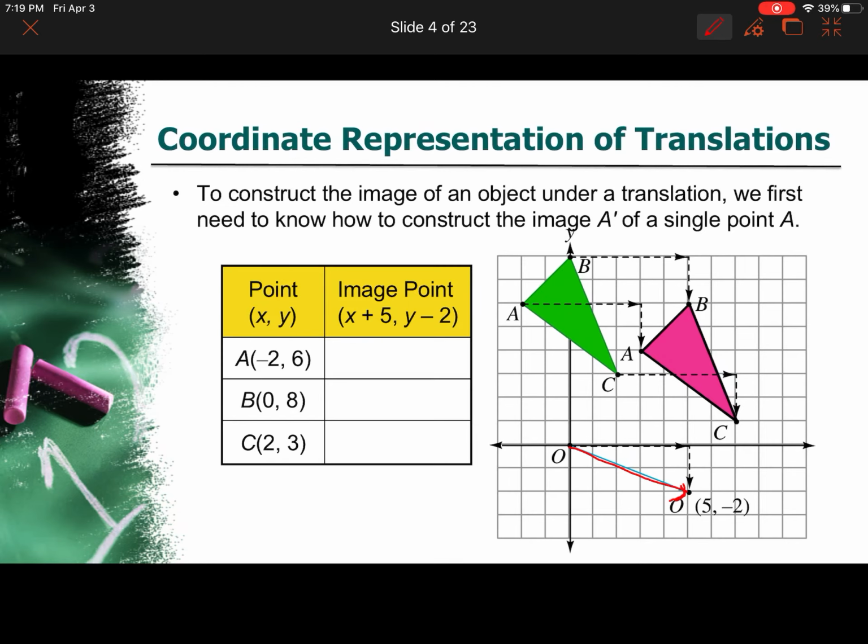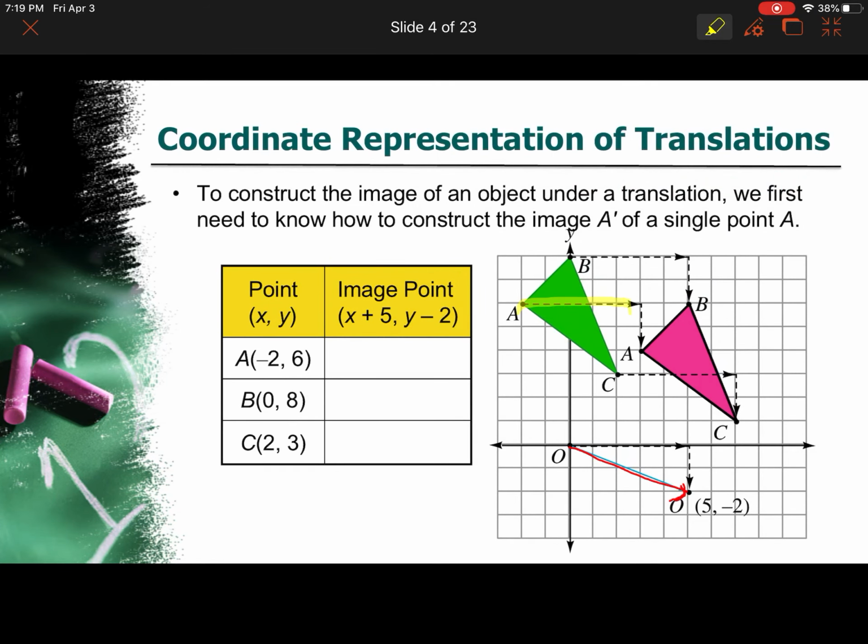So it goes in that direction for that much space. Now, we can look at it as going over 1, 2, 3, 4, 5 and down 2. And we can do that to every single point, right?